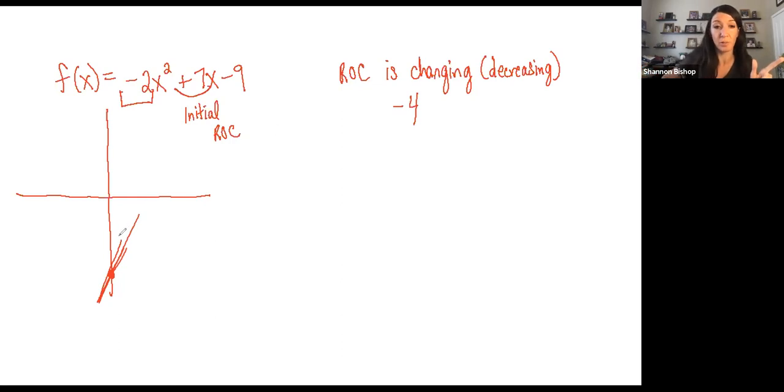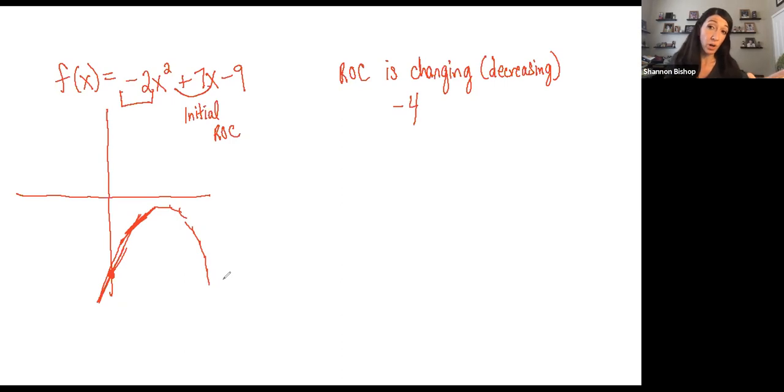So it's still going up, don't get me wrong, but it's not going up as much. And then the next increment after that, this positive amount is going to drop by 4 again. And you can tell that eventually that -4 will absolutely overpower the initial +7. And so I know that this parabola will eventually be forced to come concave down.